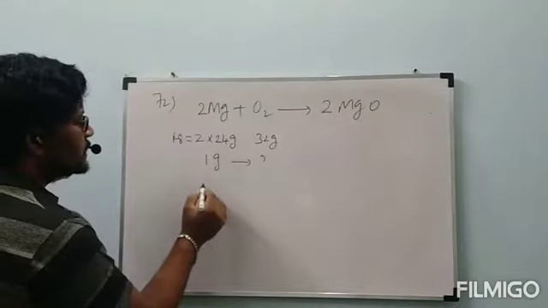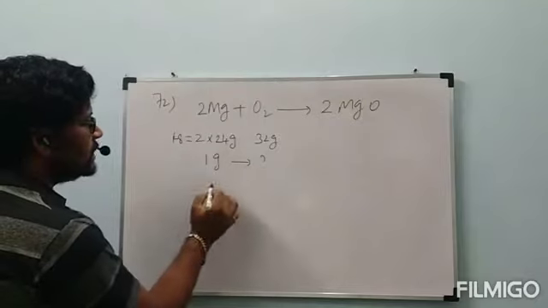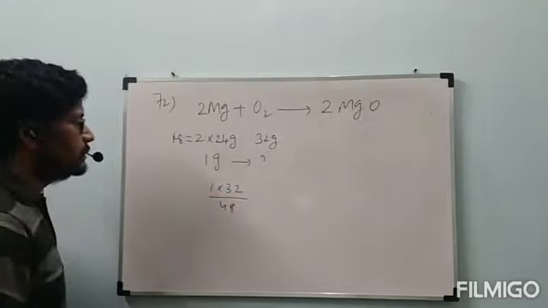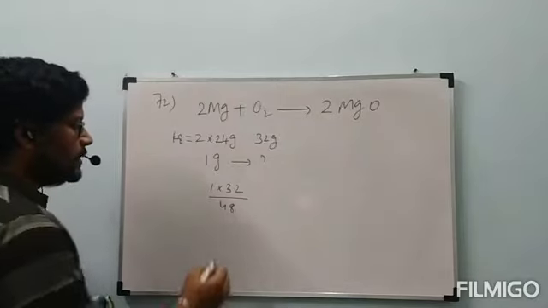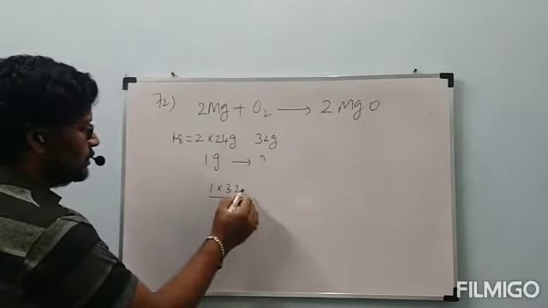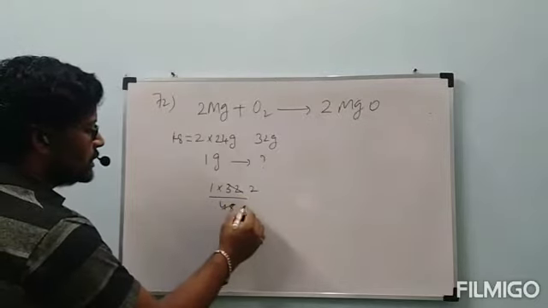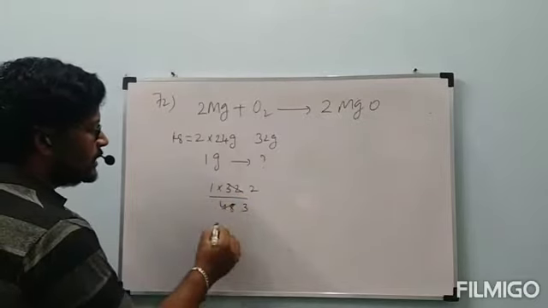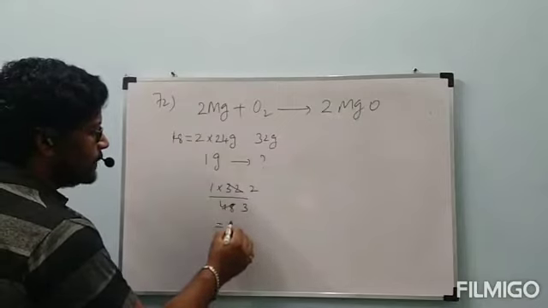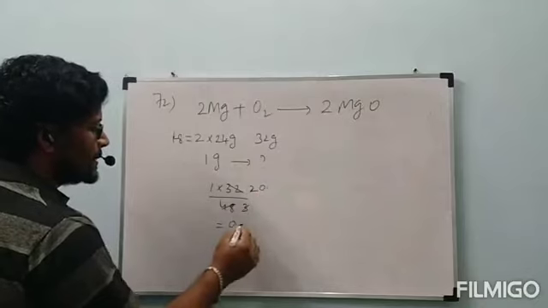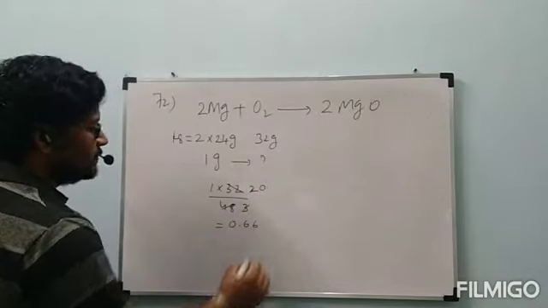Question mark here: 1 into 32 divided by 48. It will be 2 by 3, that is 0.66.